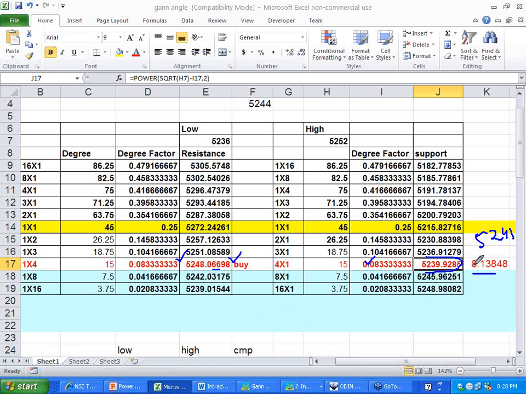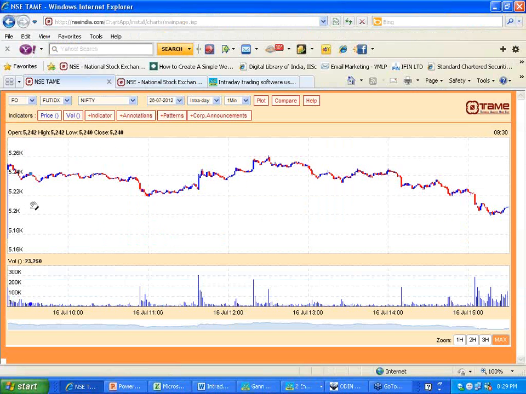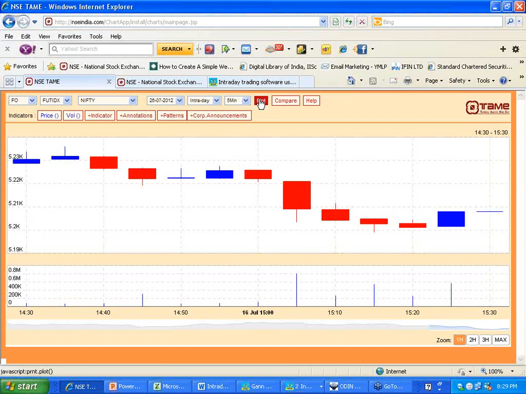We are at 5241, very close to the selling entry level of 5240, so 1 point we are lagging. We can think of selling with a stop loss of 48 and anticipating the 5181 level. So we have sold it, and after selling we have never triggered the stop loss.